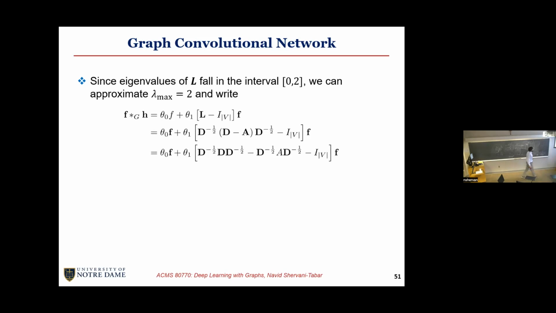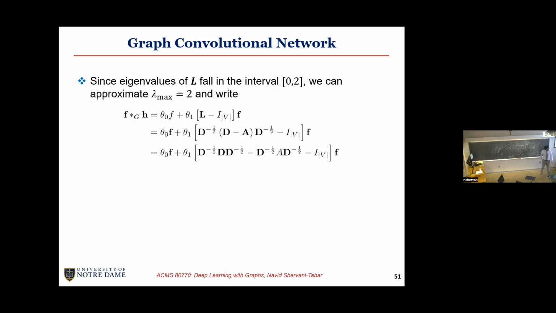So I expand it that way, and then I realize that this term is equal to just I, and this other term is a normalized adjacency matrix, right?